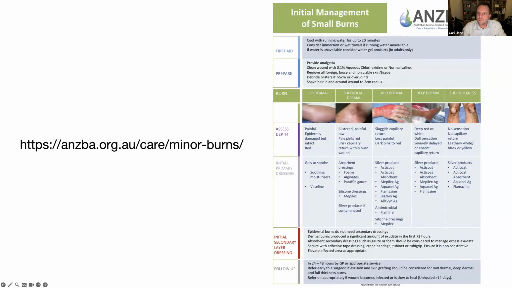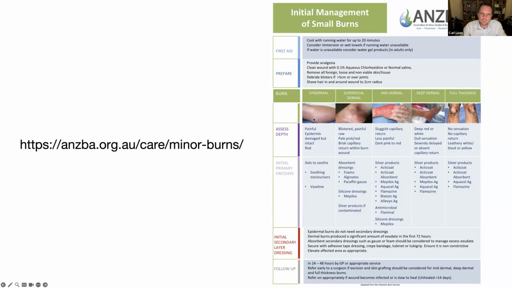This is also what the Australian and New Zealand Burn Association recommends on their information sheet about dressings for small and minor burns. It's hard to get 17 burn units across Australia and New Zealand to agree on a dressing, but these are some general guidelines that most burn units will follow.